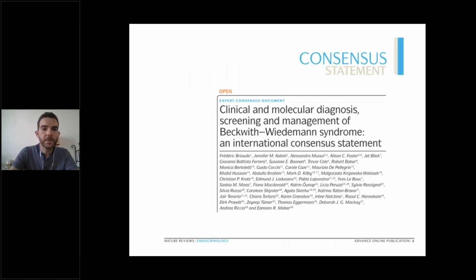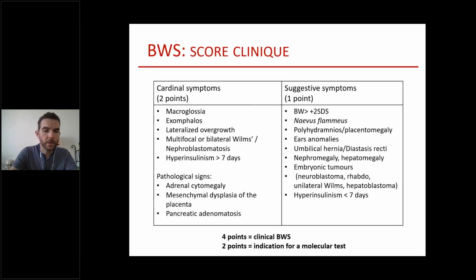The conclusions of this consensus are available if you are interested in this subject, because they have been published in 2017 in Nature Reviews Endocrinology. So you can find the conclusions of the consensus in this paper. I won't go through these more than 70 recommendations, but we'll focus on some of the conclusions.